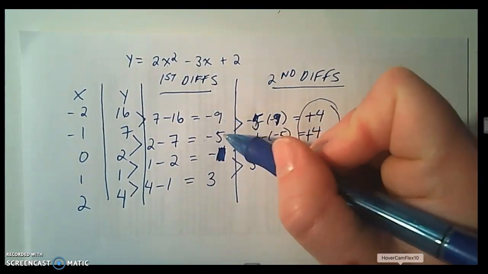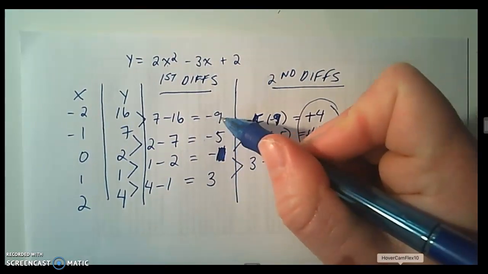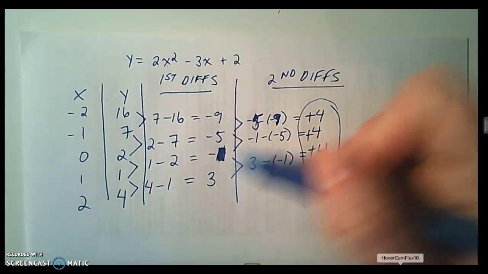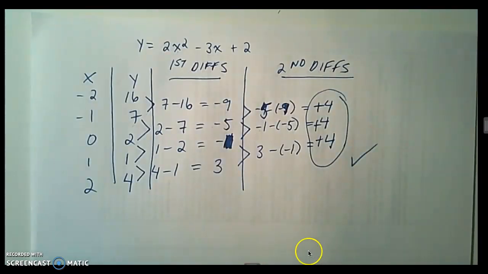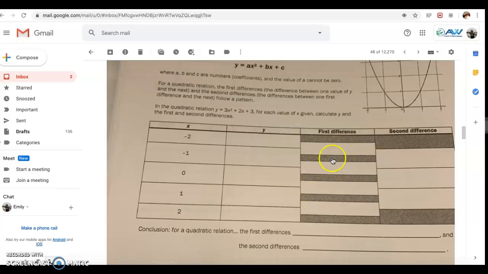I'm going up by 4 each time if I'm looking at the first differences. A way to answer this question concisely and using fancy mathematical language is that the first differences form a linear relation, meaning they go up by the same amount each time, or you could say they have a constant rate of change. And then the second differences are all the same.